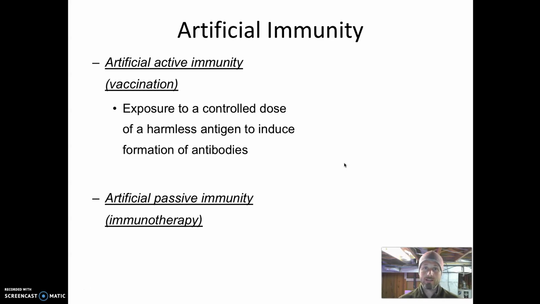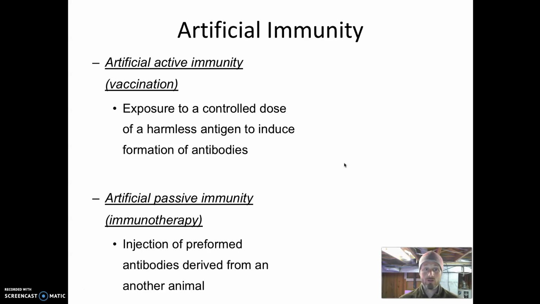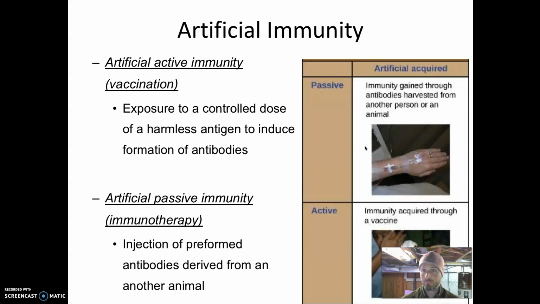Those kinds of treatments are where we inject a patient with preformed antibodies from another source. So we take those preformed antibodies from another animal, potentially another human, but sometimes from other animals. We inject them, and those antibodies will immediately bind to antigens in the patient's body and protect that patient from the pathogen.